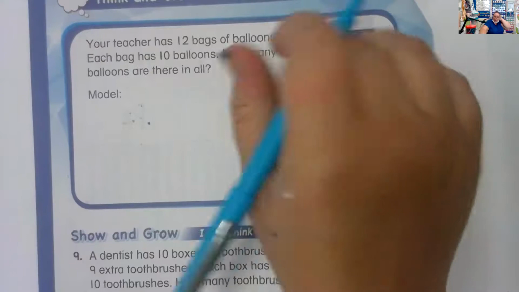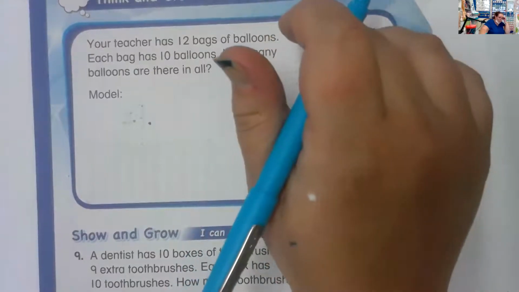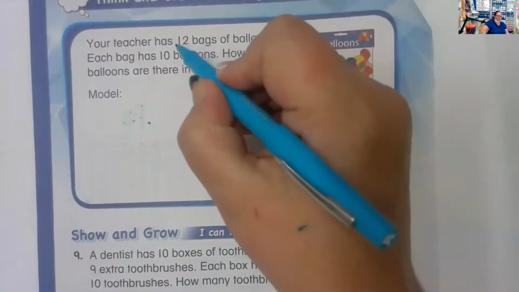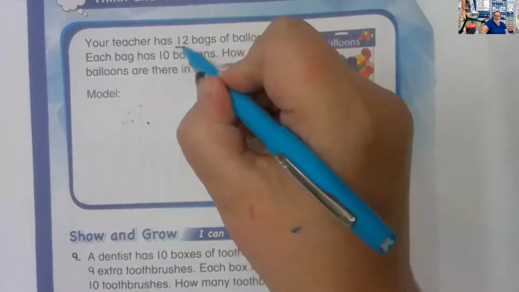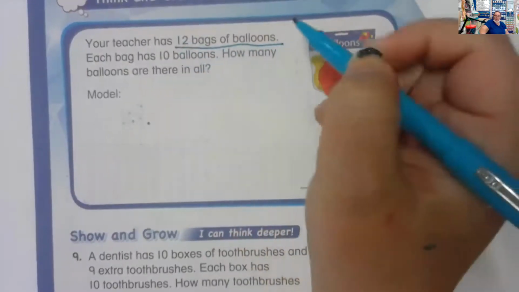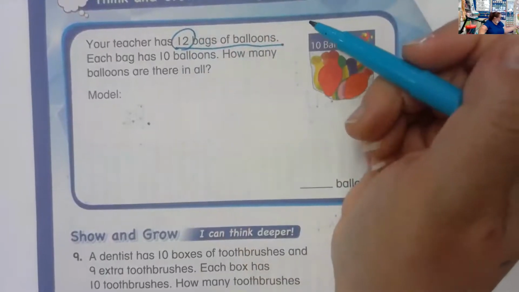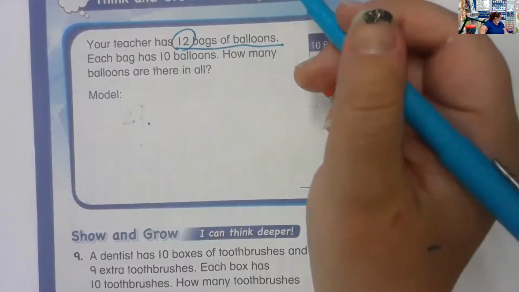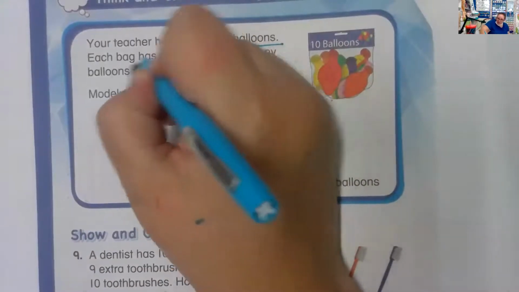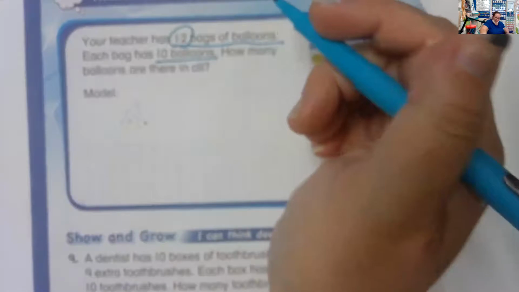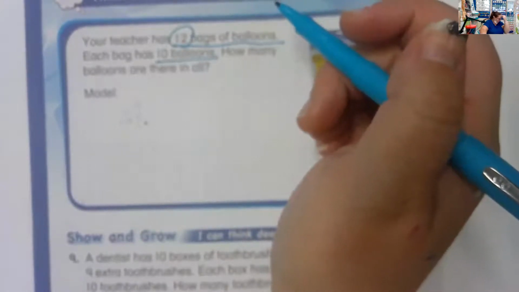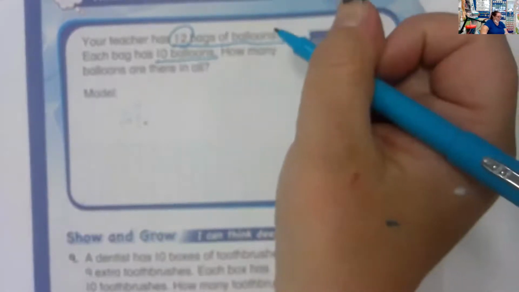So what do we know? We know that the teacher has 12 bags of balloons. What else do we know? There's 10 in each bag. Okay, keep that in mind. Put a pin in it. What do we need to know?